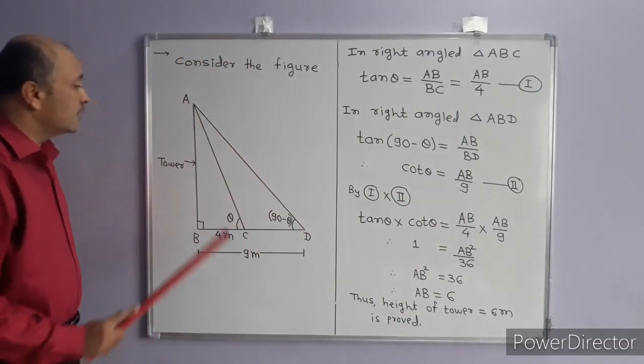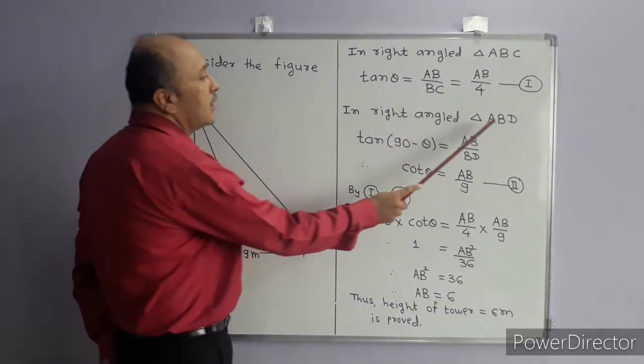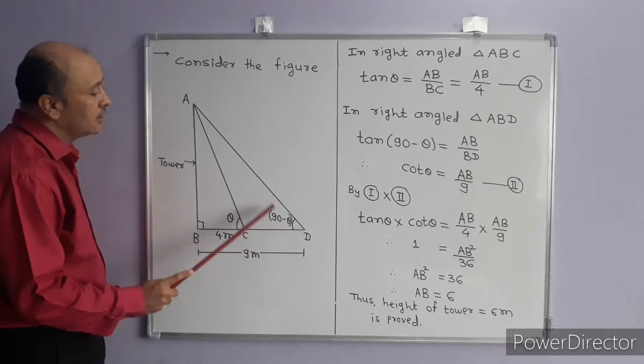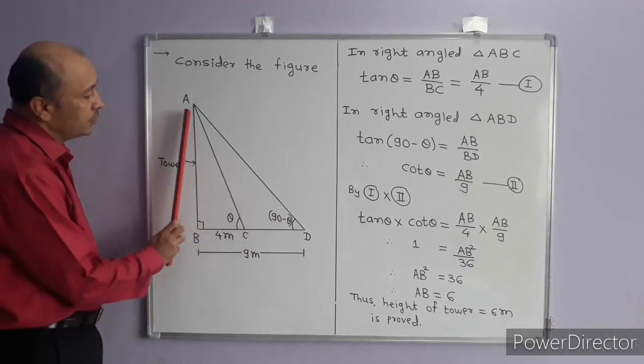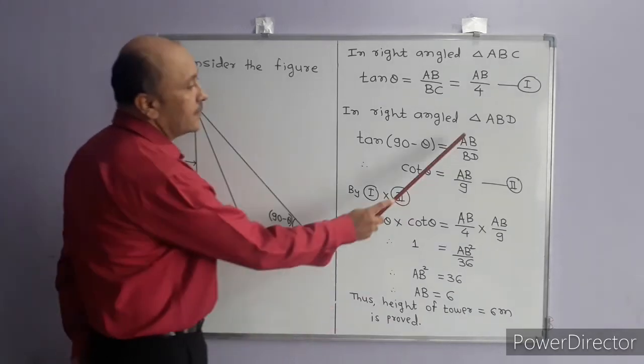Then let us start with another triangle ABD. So in right angle triangle ABD, tan of 90 minus theta. So this angle is 90 minus theta. So its tan ratio means opposite side upon adjacent side. So it will be AB upon BD.